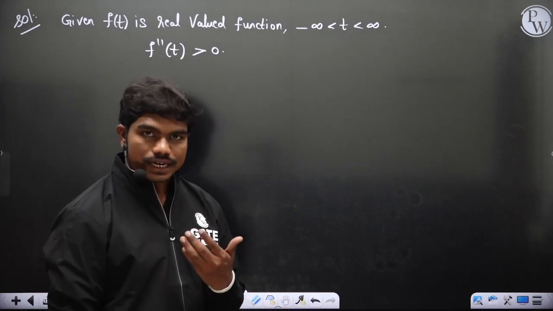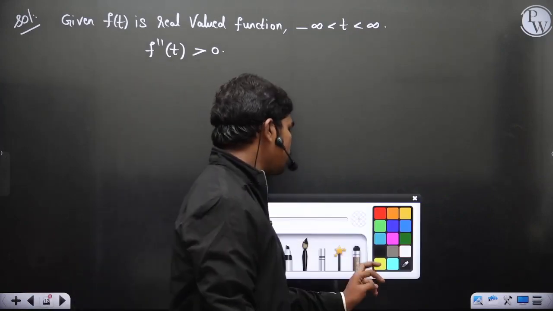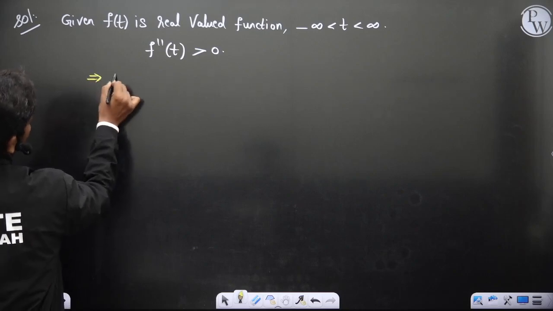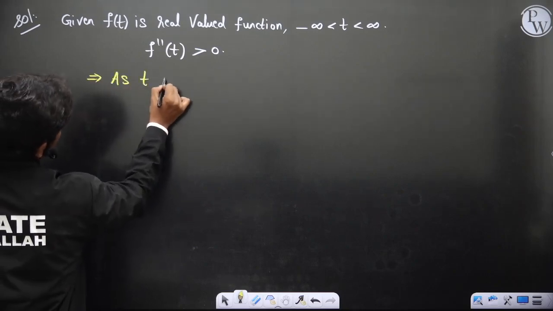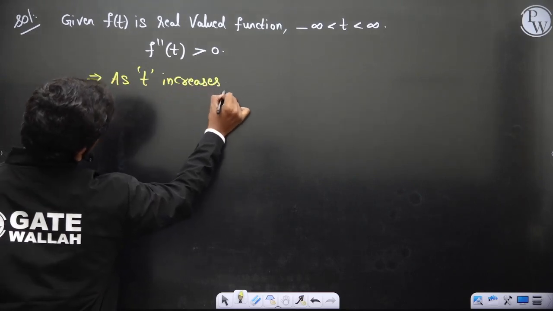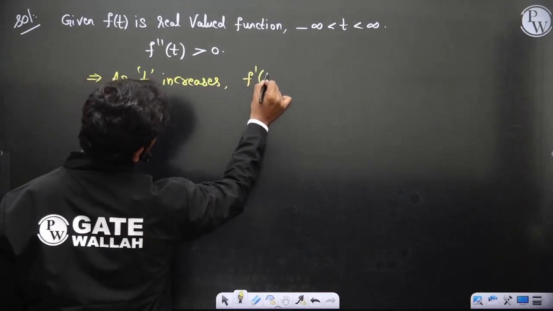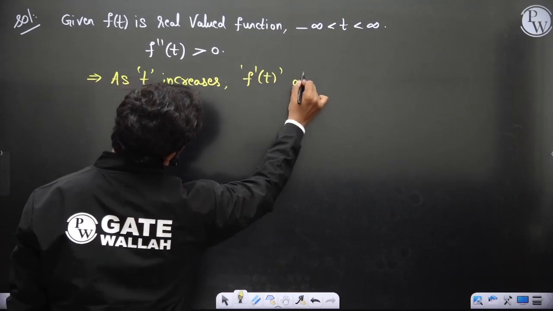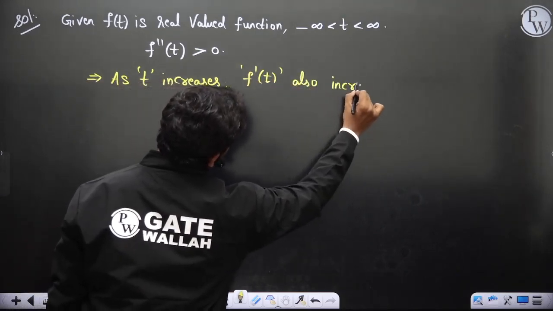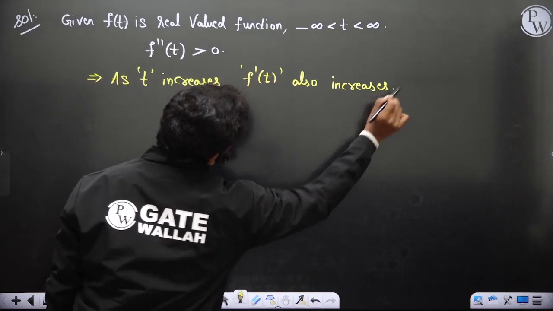If the second derivative is positive, this implies that as t increases, f dash of t also increases, correct? This is what it tells you.